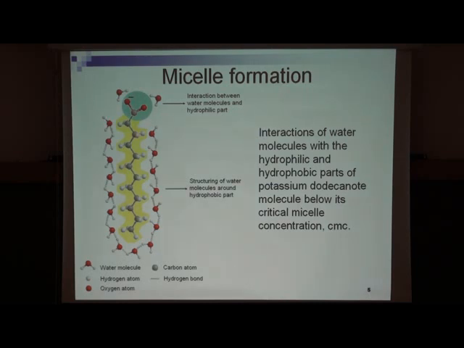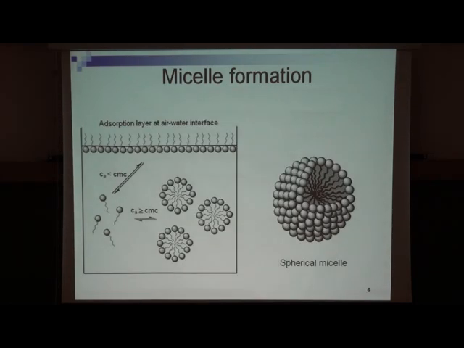It can be understood from the name hydrophobic. This part is not soluble in water. But when these amphiphilic molecules are added to a large amount of water, there is an equilibrium between the surface of the solvent, water, and the monomer in the bulk.